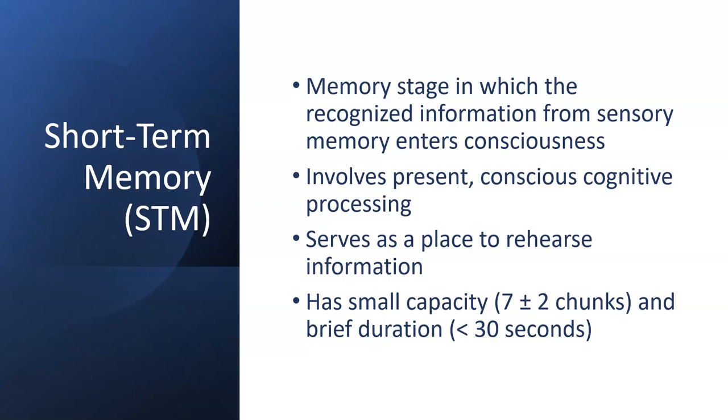In this memory stage, it requires a conscious effort to keep the information alive. Otherwise, if we get distracted, if we look at something else, if we do some other task, like an interference task, we stand a really, really solid chance of losing that information. So what you're doing a lot of the time in short-term memory is rehearsing, repeating the information.